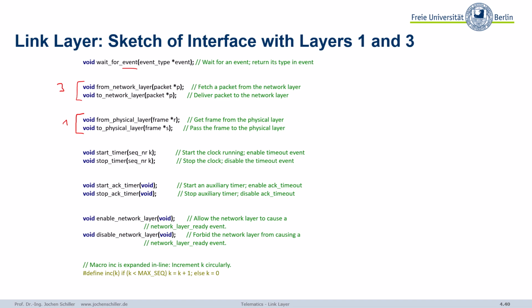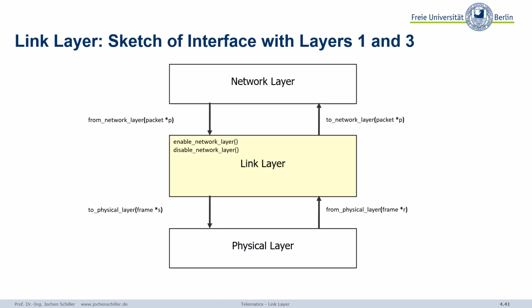So many different functions. Okay, and so in the end, if we look at the link layer from a programming point of view, we see that we have data coming from the network layer, data we send to the network layer, to the physical layer, from the physical layer, and we have certain functions to enable the layers.